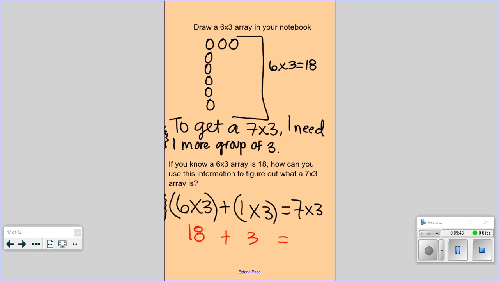Tricky math we're doing there. Right? 21. So 7 groups of 3 is equal to 21. Pretty neat, huh?